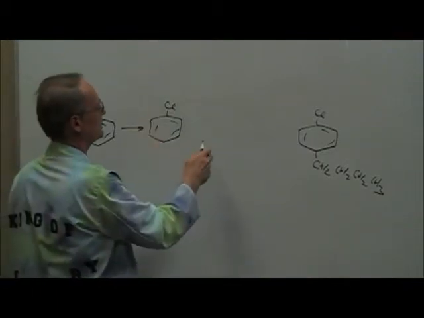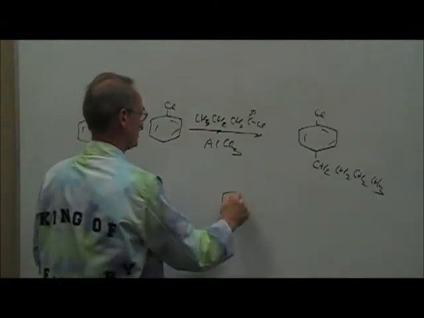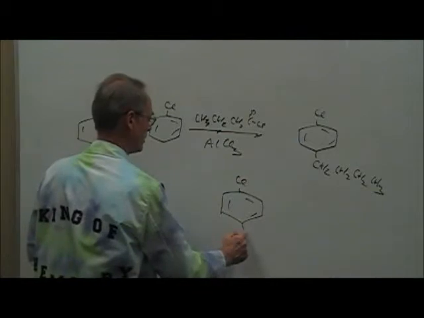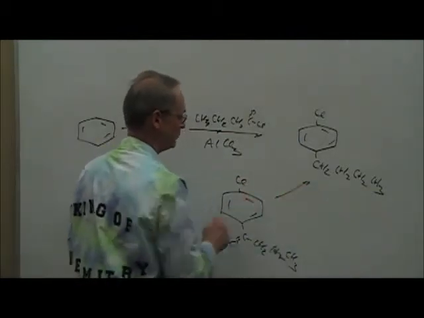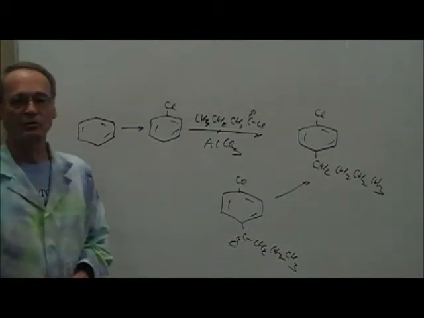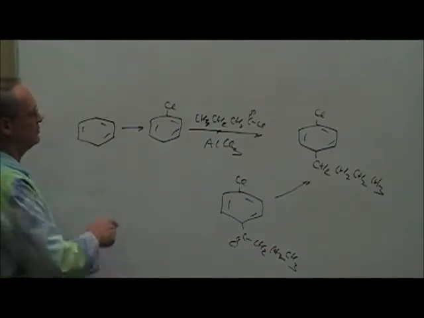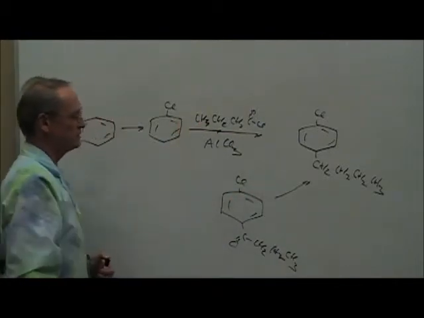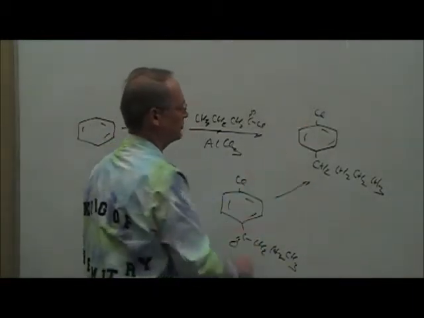Since that's an ortho-para director, we can then do the acylation, which would give us para, and then do the Clemmensen or the Wolff-Kishner, and that would reduce the acyl group to an alkyl group. Or in this case, you could do the acylation, reduce it, and then do the chlorination. Either way would work fine because both this group and this group are ortho-para directors.